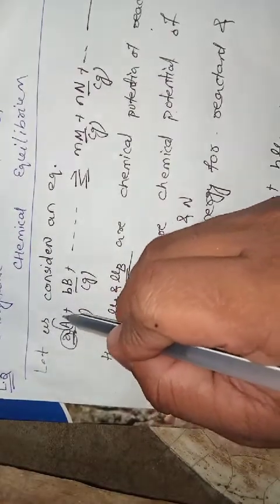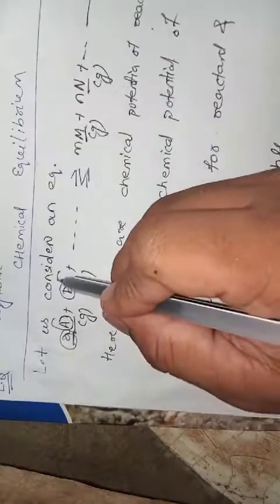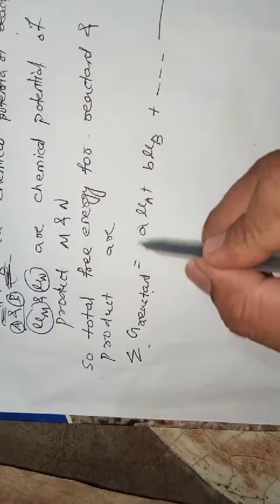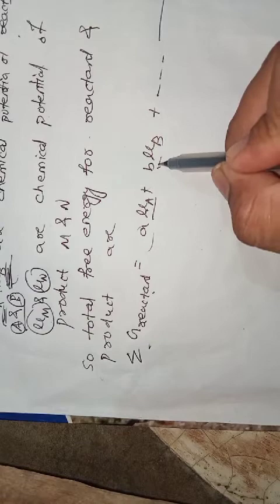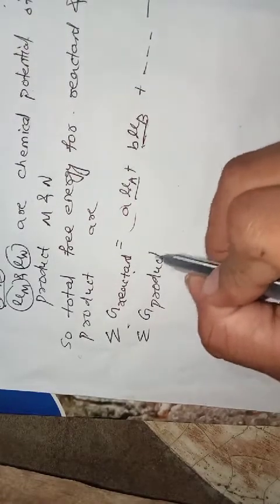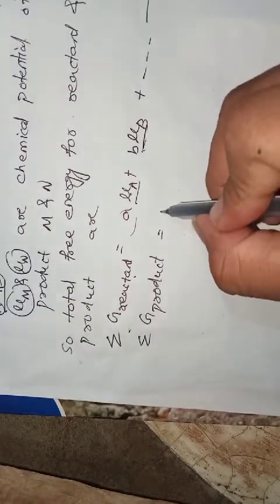Similarly, summation of G product is equal to small m mu M plus small n mu N. We'll take this as equation 3.